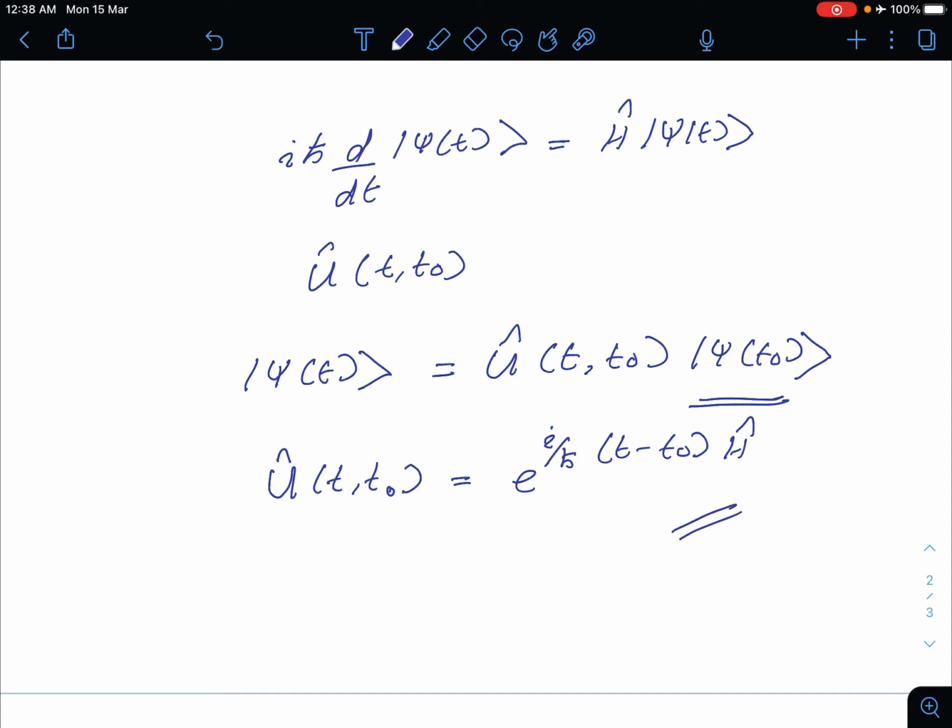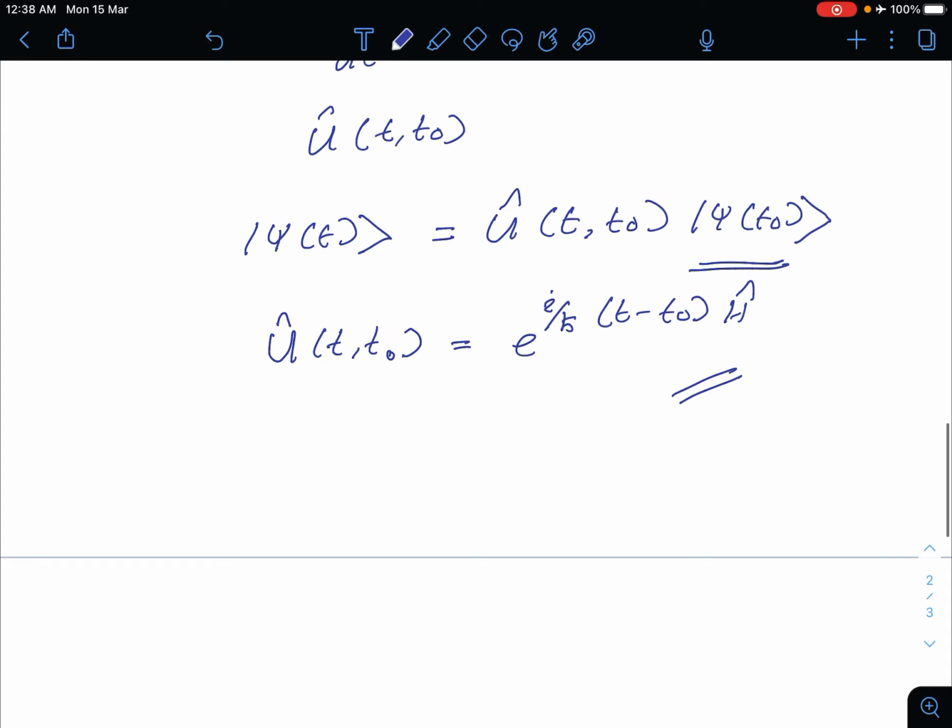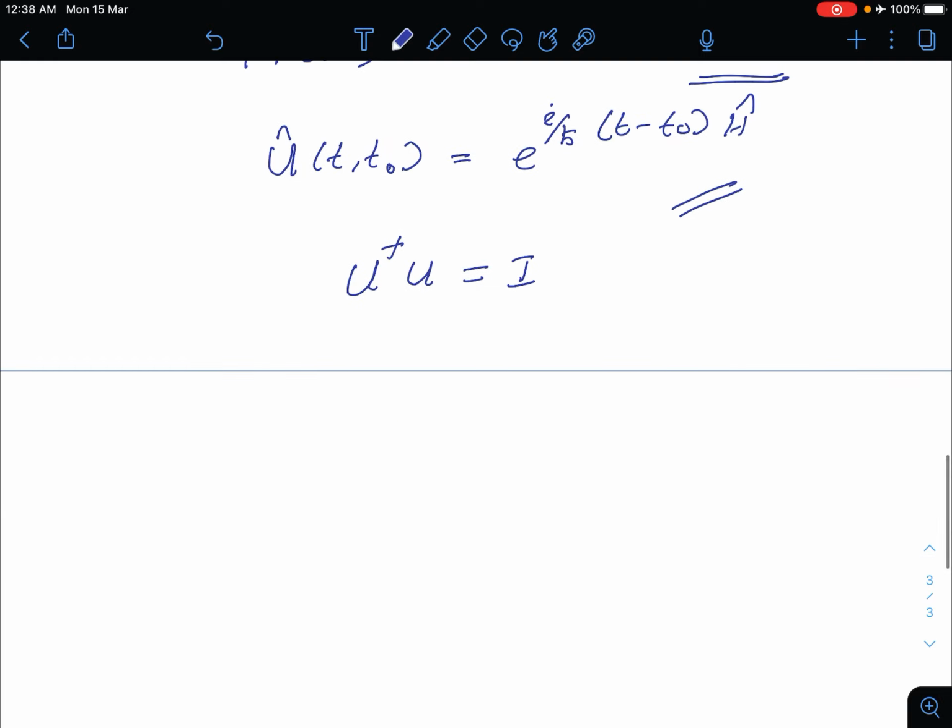So this is the time evolution operator. I'm just brushing up things, so hope you will be remembering these. Another property is that u is a unitary operator, so u dagger u is equal to I. These are all just rewinding what you studied in the second semester.